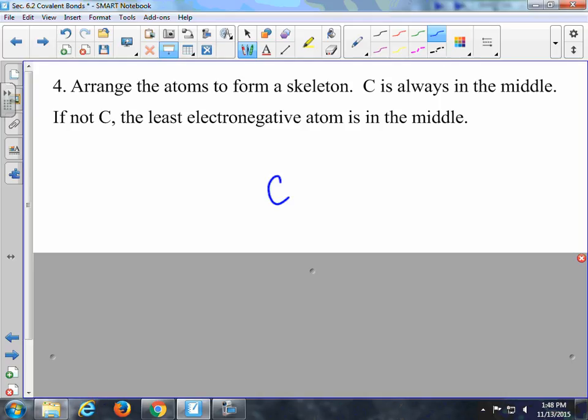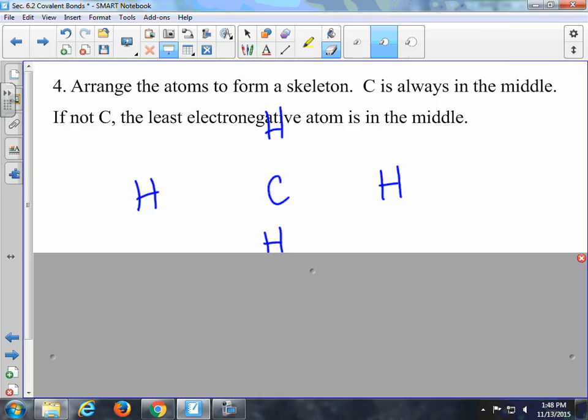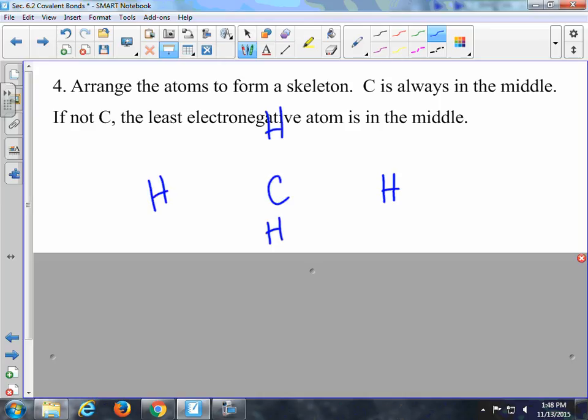Then what am I going to do? I'm going to put the rest of my atoms around the outside, but I'm going to put them equally apart from one another. So I'm going to go H, H, H, H. If I had 3 atoms, it could look like this, or like this, or like this.